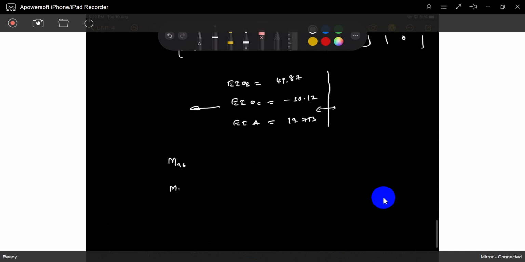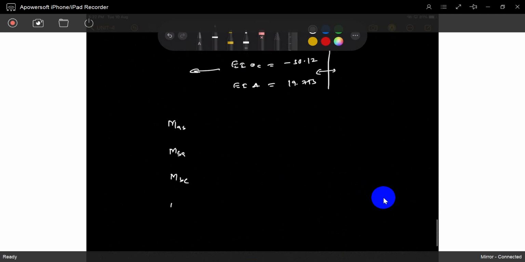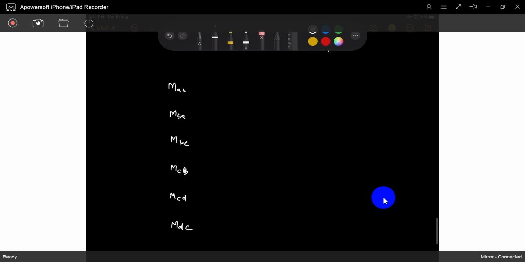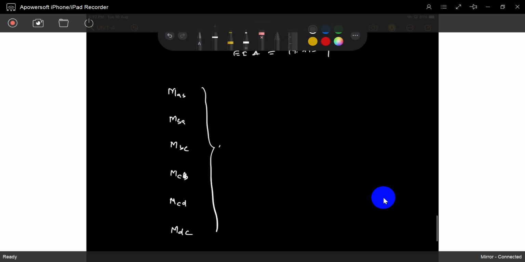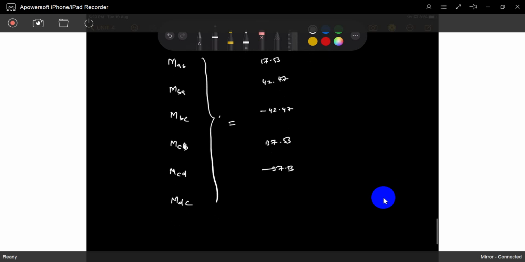So I will write what those values are. MAB, MBA, MBC, MCB, MCD, MDC: 17.53 positive, 42.47, minus 42.47, 37.53, minus 37.53, minus 22.47.